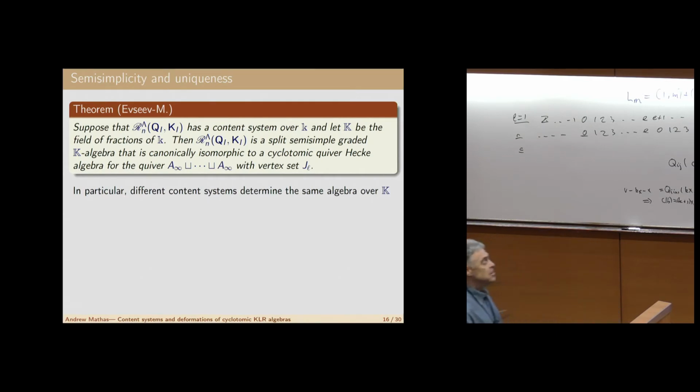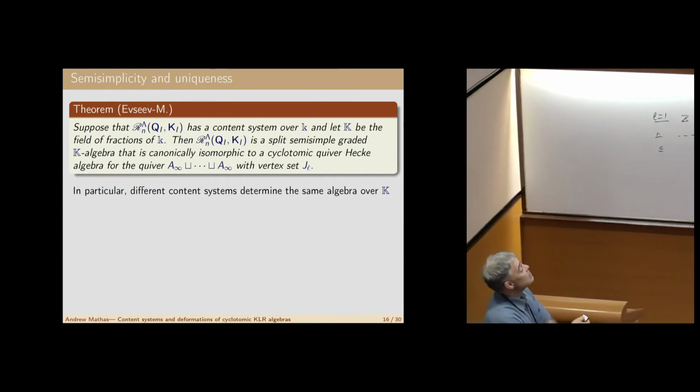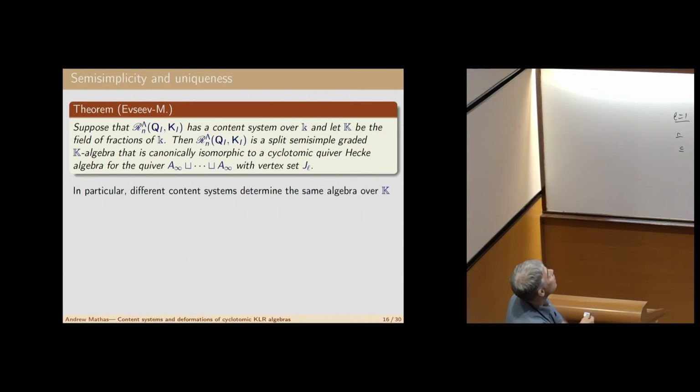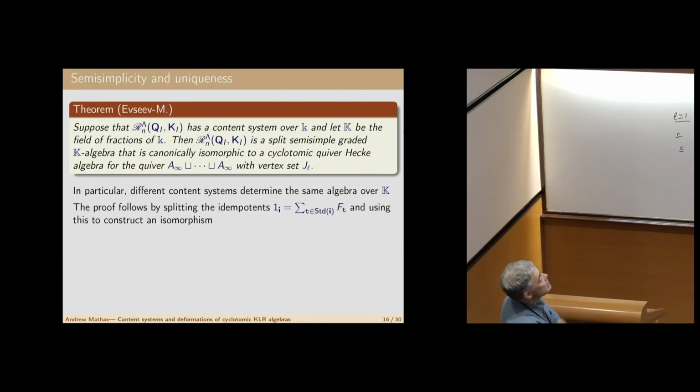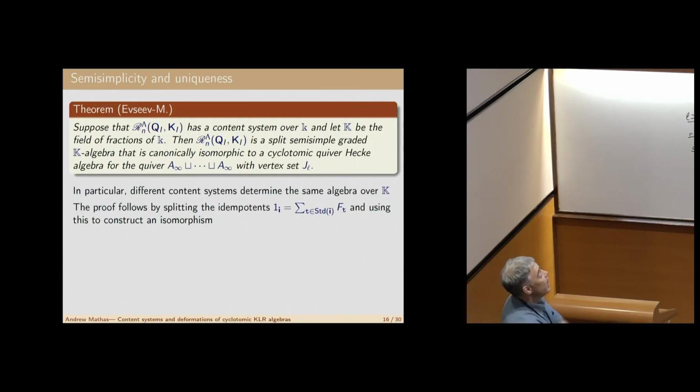Okay, so, and the proof, well, the proof really is, did I write down? Yeah. There were some idempotents floating around, and you can decompose these idempotents in the KLR algebra that you started with as a sum of terms here, and these FTs naturally live inside the KLR algebra of this quiver, and then you just have to match them up.